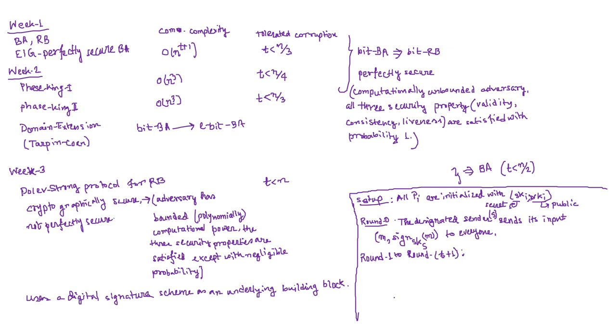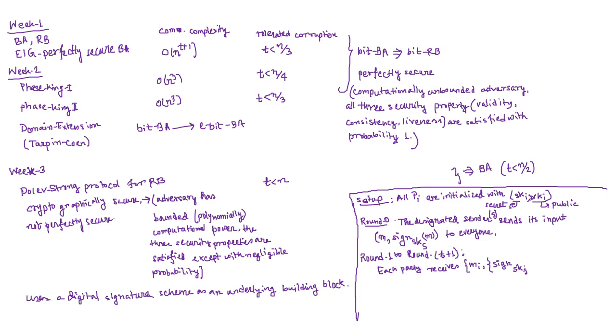In each round, from round 1 to round t plus 1, each party receives various messages of this form. So this is a message mi and its corresponding signatures by several parties.